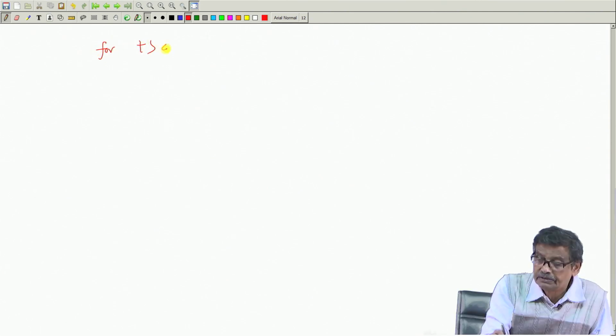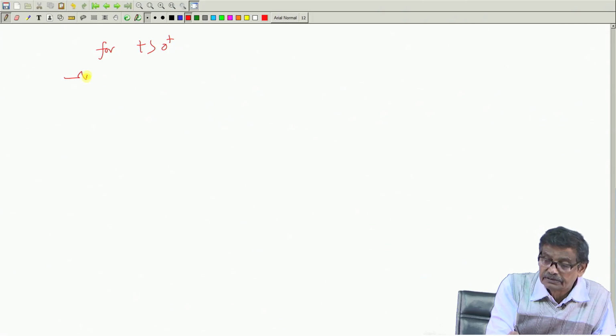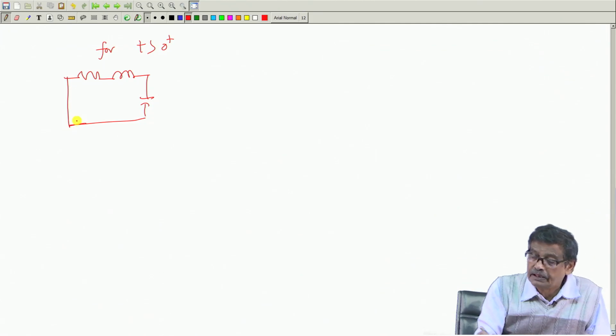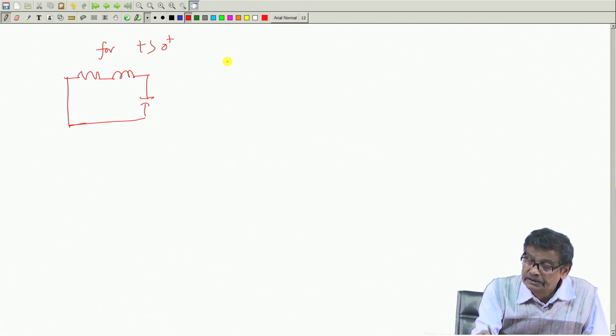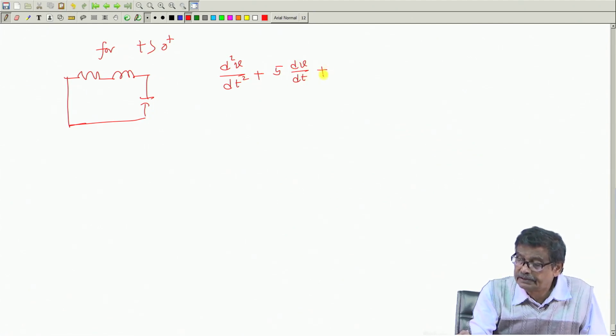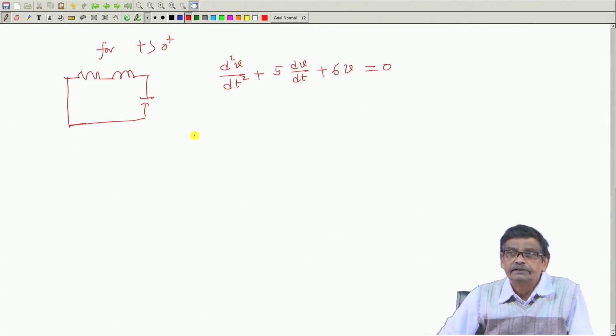So for t greater than 0 plus, the circuit was like this. It was shorted, and the equation was d2v/dt2 plus 5 dv/dt plus 6v equal to 0.